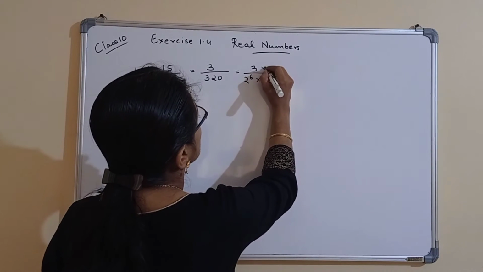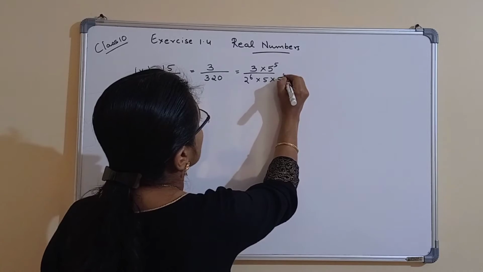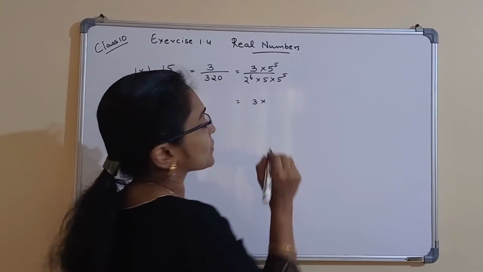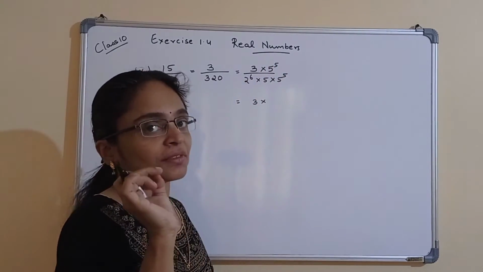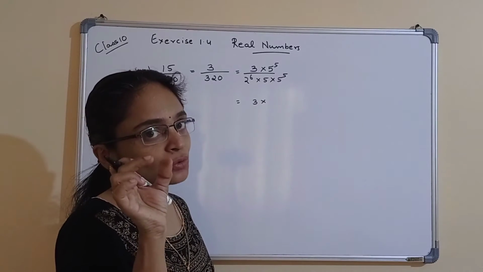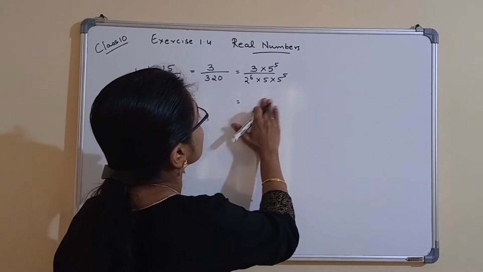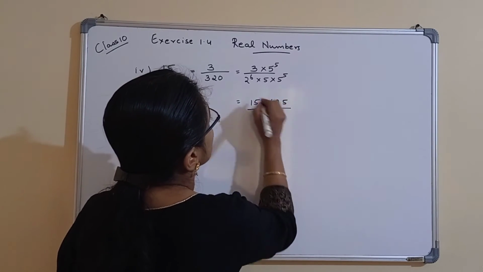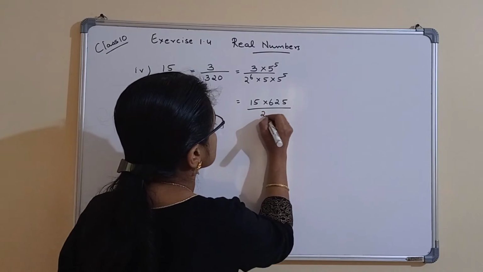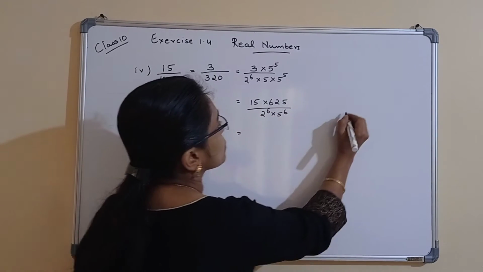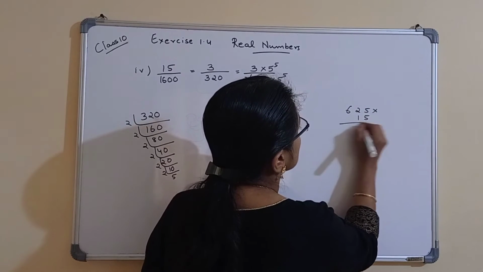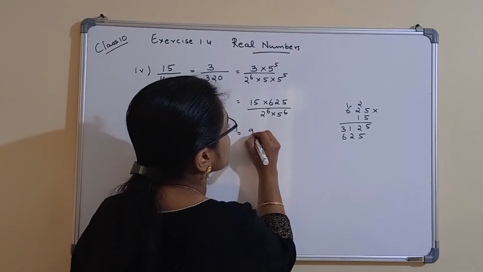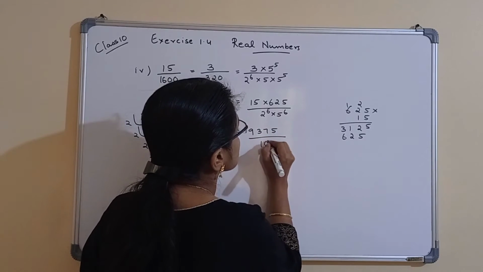Now multiplying numerator and denominator by 5 raised to 5, we will get 3 into 5 raised to 5 by 2 raised to 6 into 5 raised to 6. 5 raised to 5 is 25 into 25 into 5, so 3 into 3125, which is 9375, by 10 raised to 6.